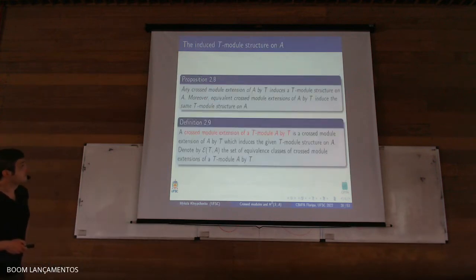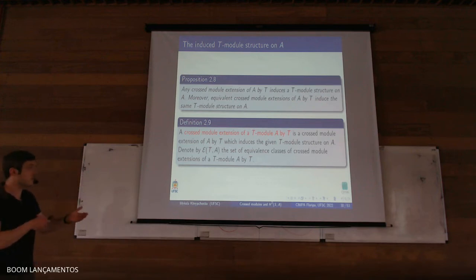Well, now you may show that any cross-module extension of A by T induces a T-module structure on A in the sense of a module of an inverse semigroup. And equivalent extensions give you the same module structure. Now, I can fix this module here, and I say that a cross-module extension of A by T is a cross-module in which this induced T-module structure is the given one.